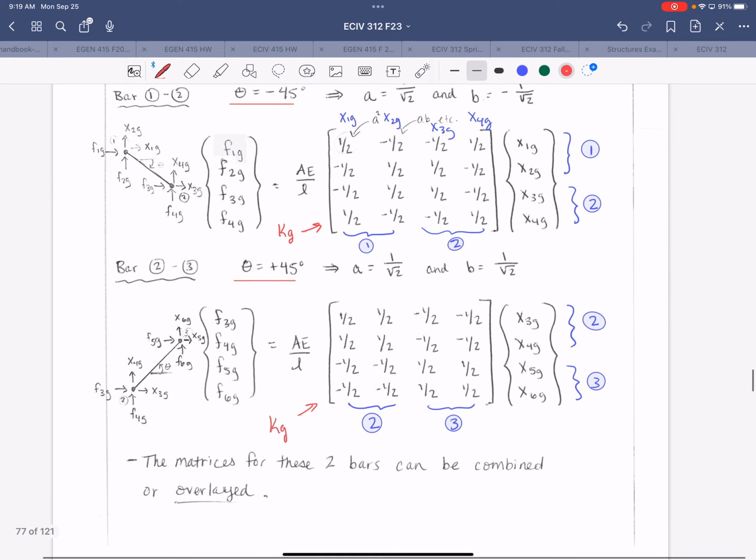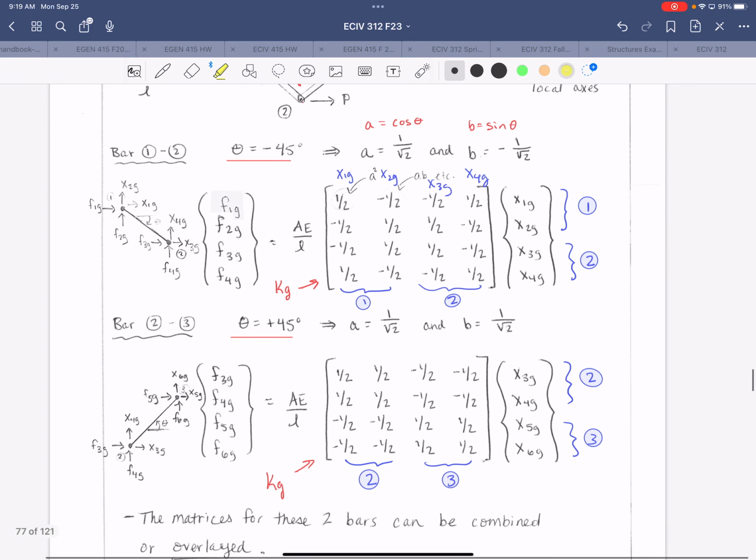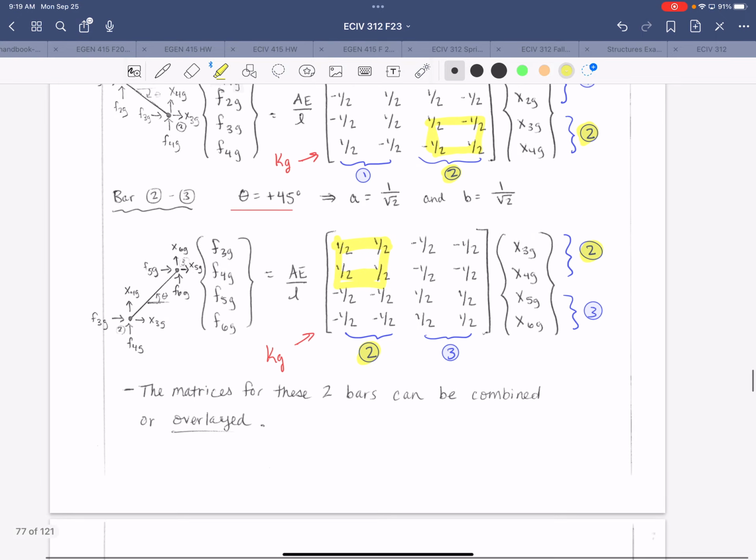I'm going to highlight where the overlay is going to come from. We look at node 2 because that's the node that has more than one member associated with it. The values in the node 2 columns and rows from each element will get summed together in the overlay, which is on the next page.